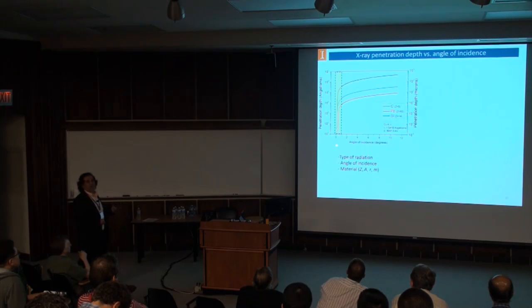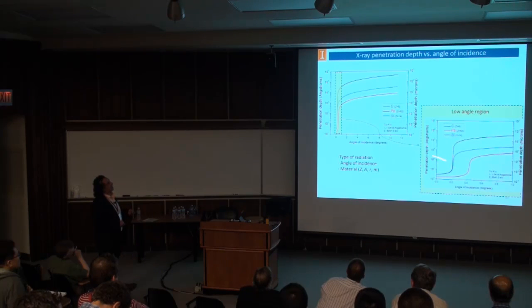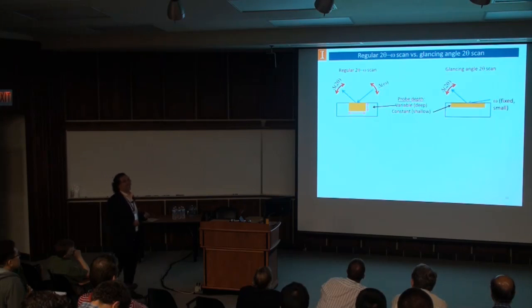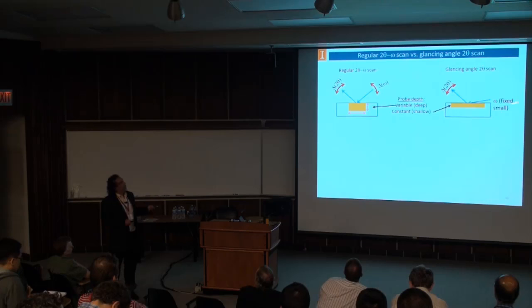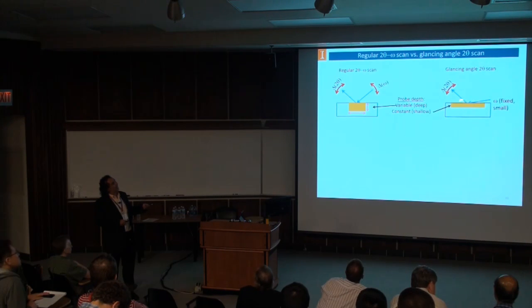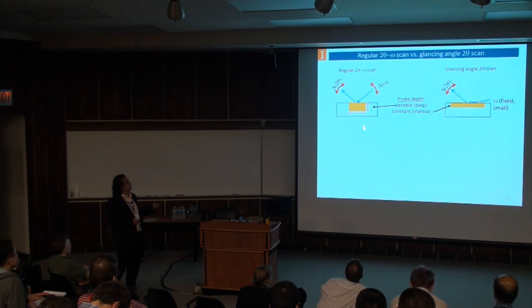This is the penetration depth as a function of the angle of incidence, and you can see that it changes a lot with the angle of incidence. The penetration depth is actually very small at small angles. So you come at a very low angle here, and basically you focus all your analysis probe in the film area or the surface area, rather than going deep.